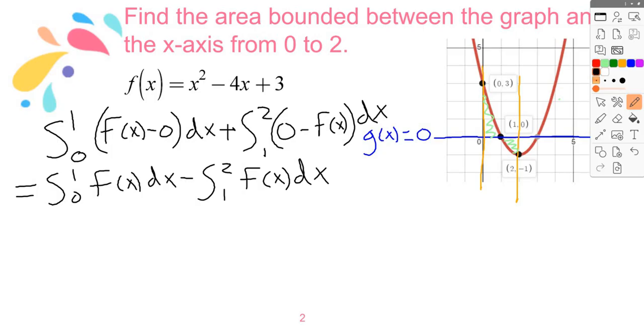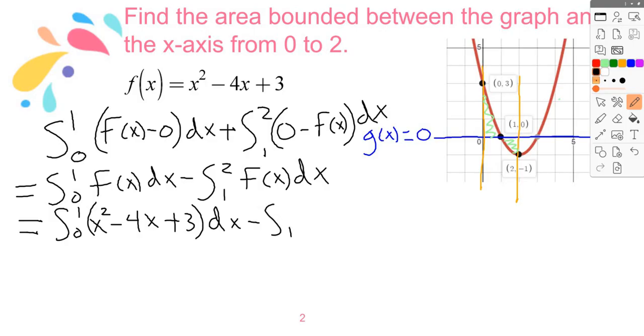Okay. So then we can just plug and chug. F of x is x squared minus 4x plus 3. So what is our antiderivative?